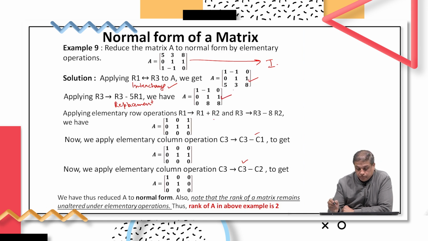a new modified matrix A. On the same line of action, we perform the operations R1 replaced by R1 plus R2, and R3 replaced by R3 minus 8 R2. You are slowly moving towards the point wherein you get the identity matrix as a submatrix.